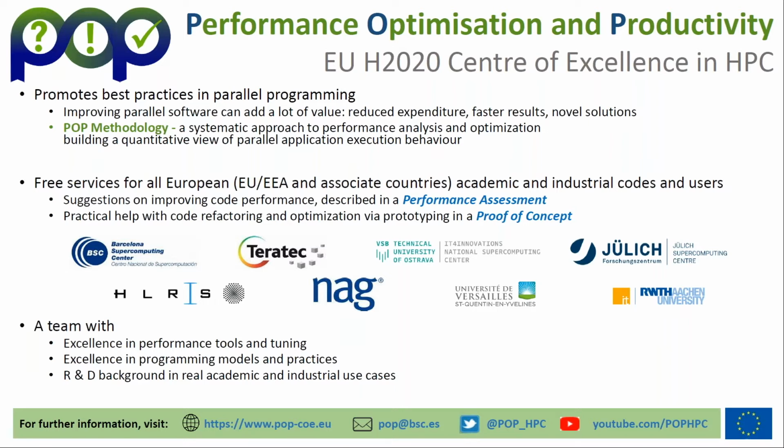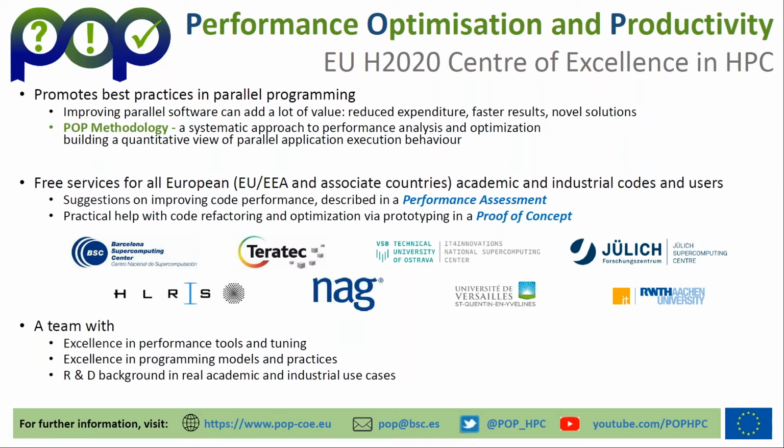To do this, we have developed a systematic approach to performance analysis and optimization that builds a quantitative view of parallel application execution behavior that we call our POP methodology. That's what will be the introductory part of this presentation, and then we'll get into a couple of examples where we've worked with applications of the CompBioMed Center of Excellence.